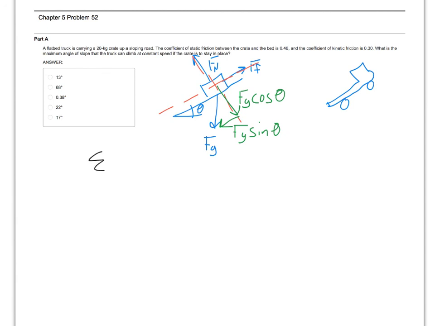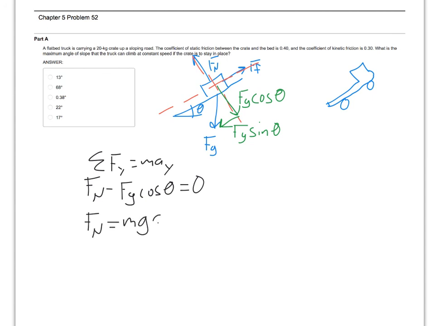In the y direction, I'm going to have my normal force minus Fg cosine of theta is equal to 0 because we're not accelerating perpendicular to that incline, to that slope. So my normal force is equal to mg, substituting in for Fg, times cosine of theta, that unknown angle.